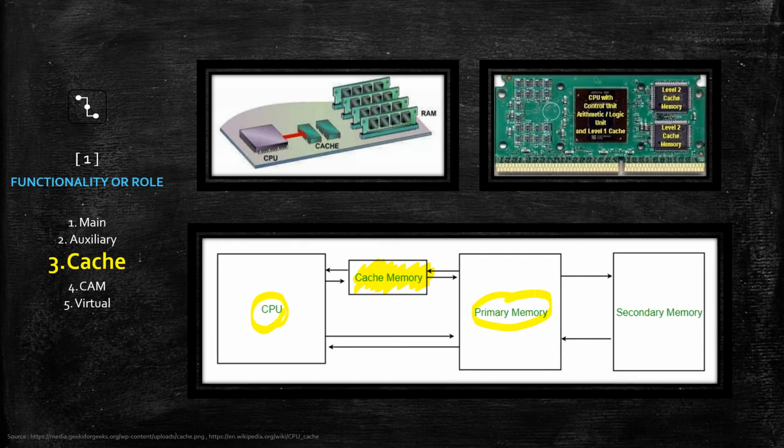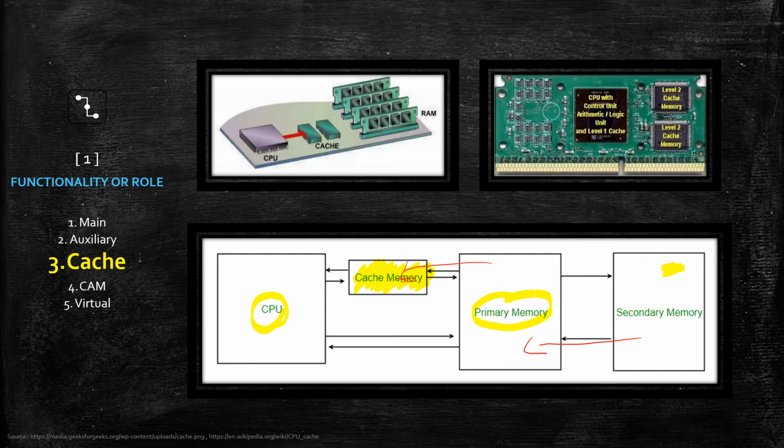So whenever any command or execution is in progress, what happens first? Suppose I have some data over here. This is the permanent storage and I want to retrieve this information. In that case, the data will be dumped into the primary memory and then into the cache memory.